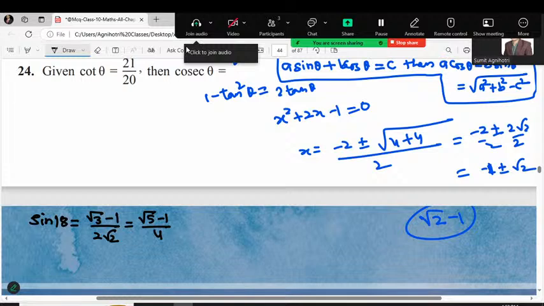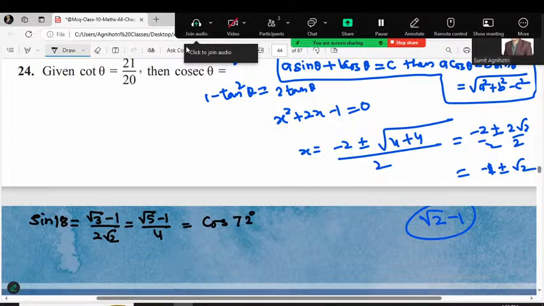And after sine 18, it must be equal to cos 90 minus theta, that is cos 72 degree.